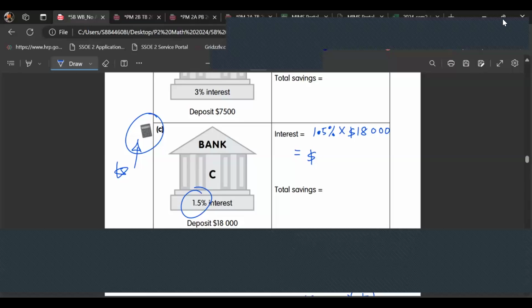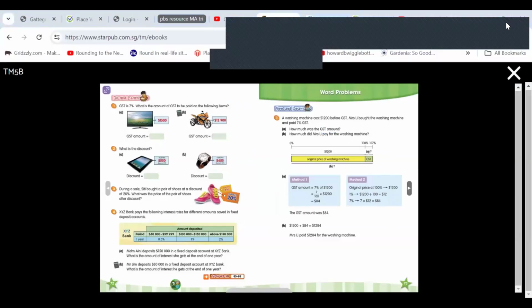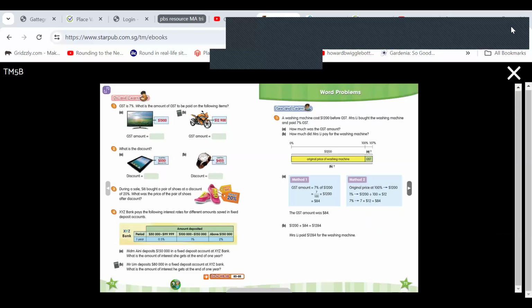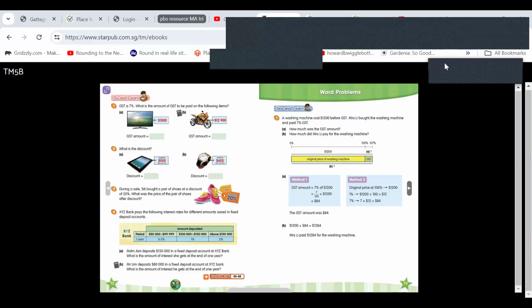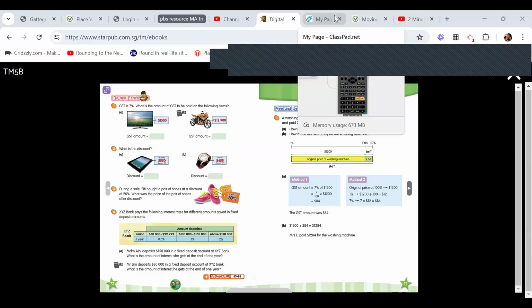So you'll be able to see from this window my calculator here.